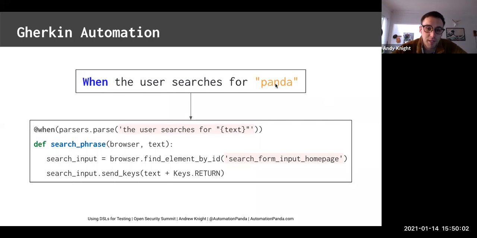When the user searches for Panda, I have a Python function that matches based on step text, takes that text in as an input, and then does some Selenium WebDriver calls, finds that element, and then sends some keys to it and hits enter. This is basically how Gherkin test automation works.